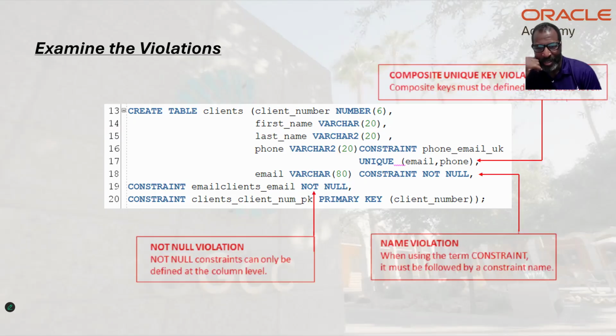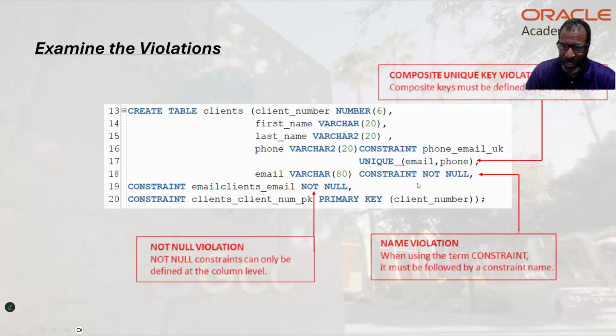All right, here we go. We have a composite unique key violation because we're trying to force a constraint that should be table level at the column level. That's this one here.